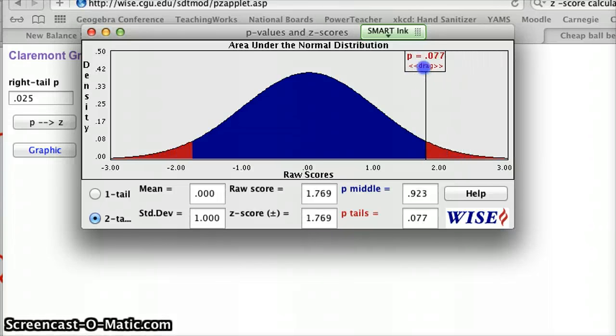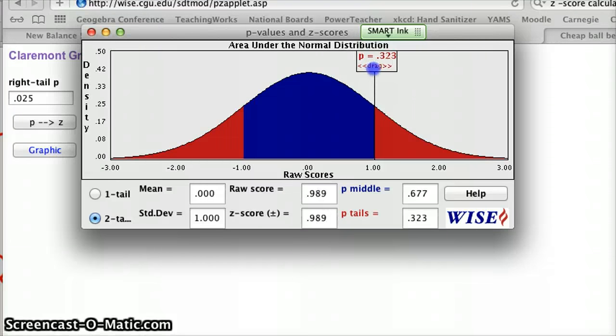Or maybe you don't even need anything that accurate. Maybe it's around 90%. So 90% would be about 1.65. So this is kind of a neat little one just to do. You know, if you go to 64% confidence, there's a z-score of 0.923.